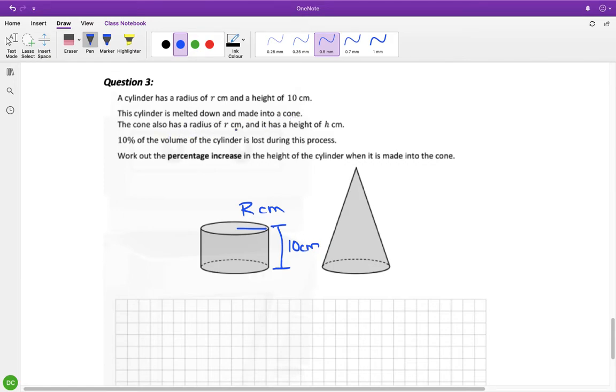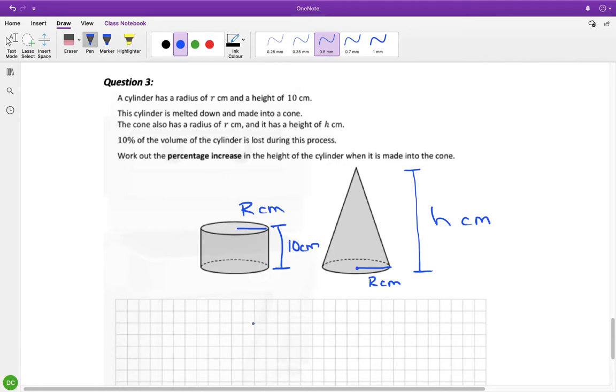The cone also has a radius of r centimeters, so this is the same radius, r centimeters, and it has a height of h centimeters. 10% of the volume of the cylinder is lost during this process. Work out the percentage increase in the height of the cylinder when it is made into a cone.